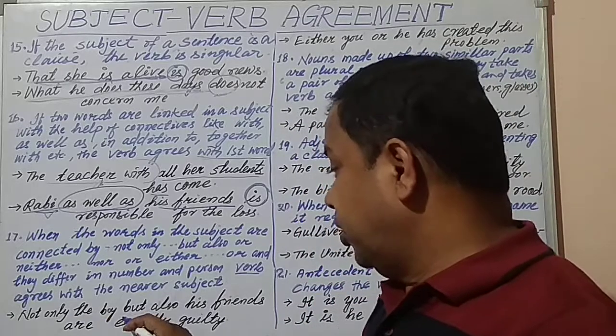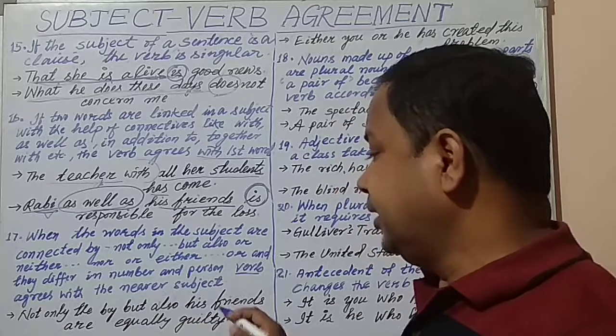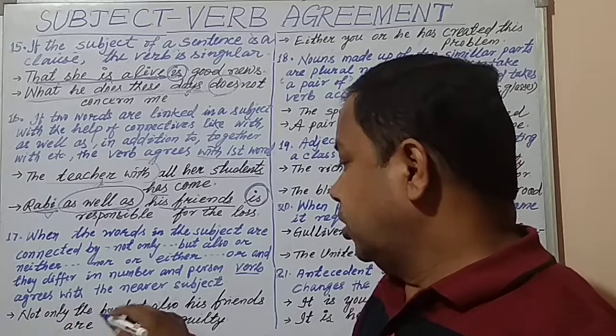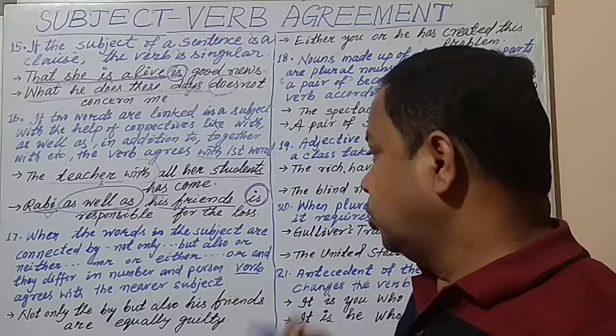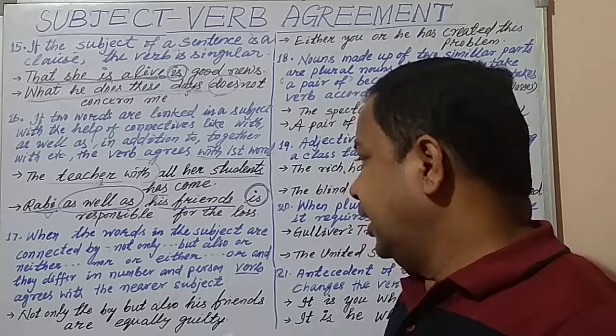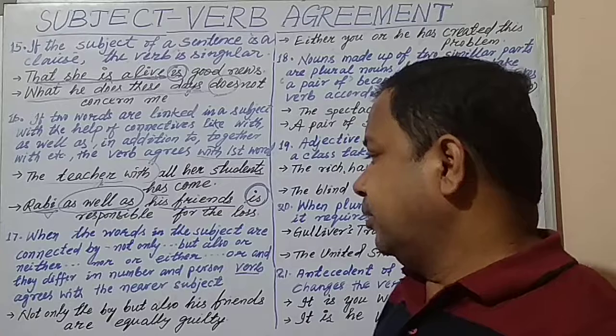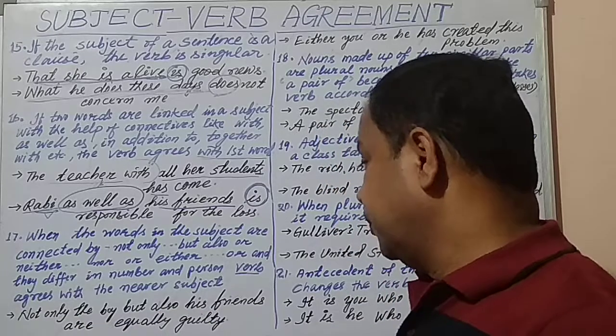"Not only the boy but also his friends are equally guilty." You see here, the boy, his friends, they are two separate words, but they are connected by connectives, that is not only but also.